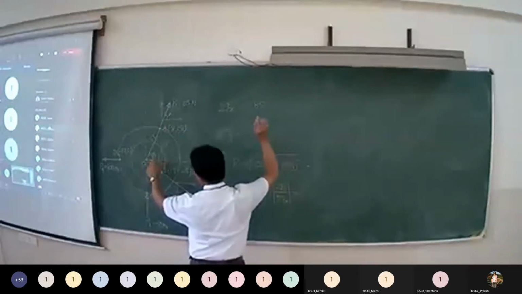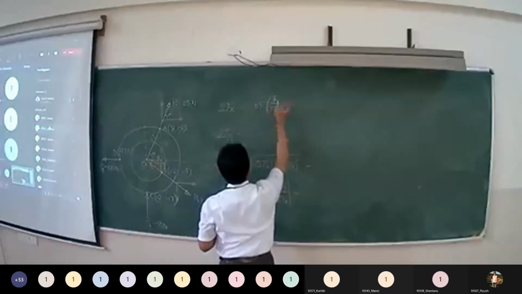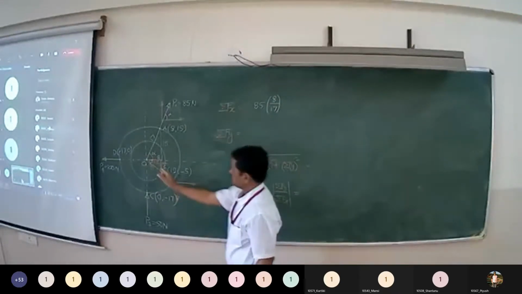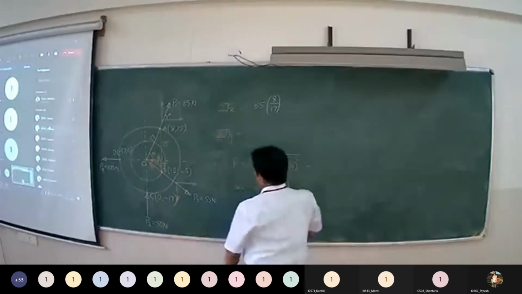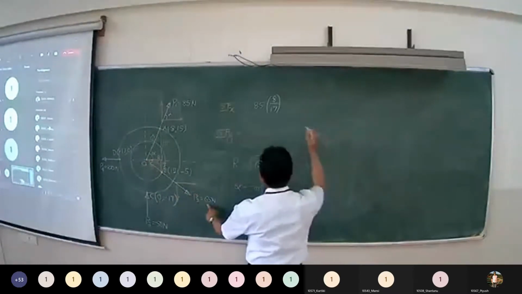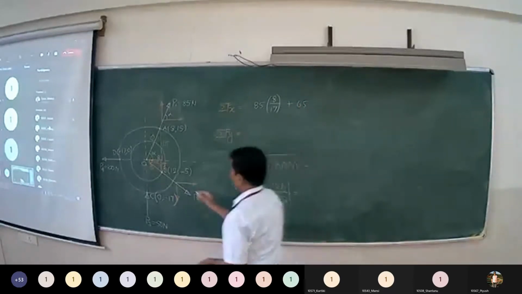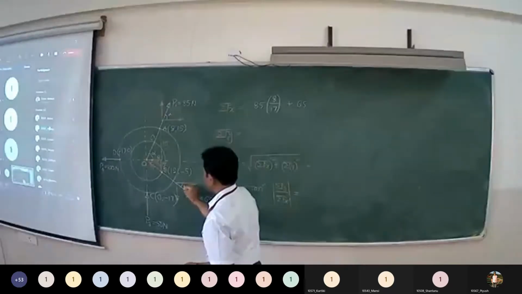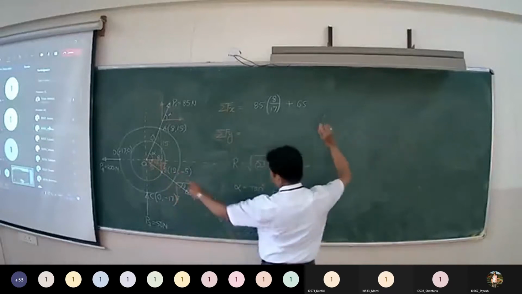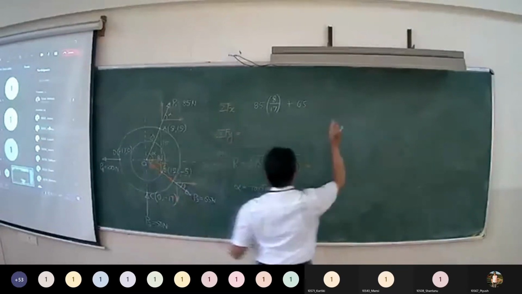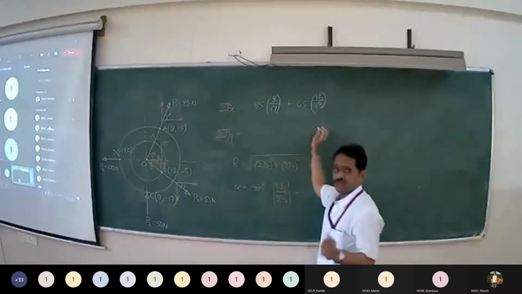But cos alpha is equal to 8 by 17. I will write directly 8 by 17. 8 is the adjacent side, 17 is the hypotenuse. And x component of P2 is plus 65 cos beta. Here beta is the angle with respect to horizontal. So cos beta is 12 upon 13. Are you following me?